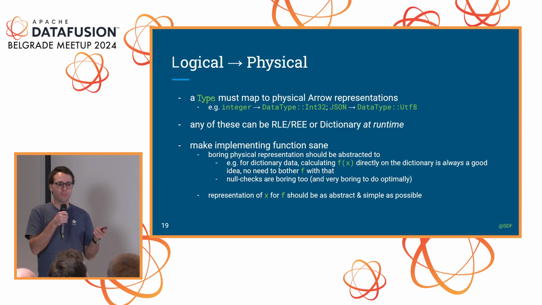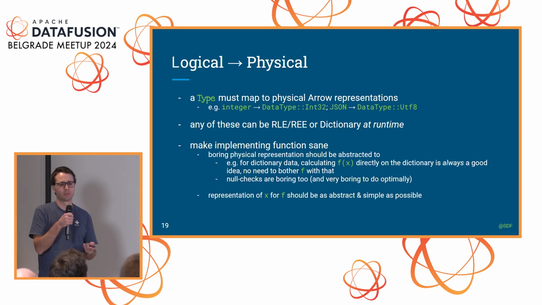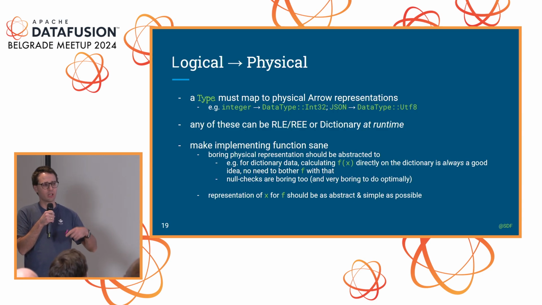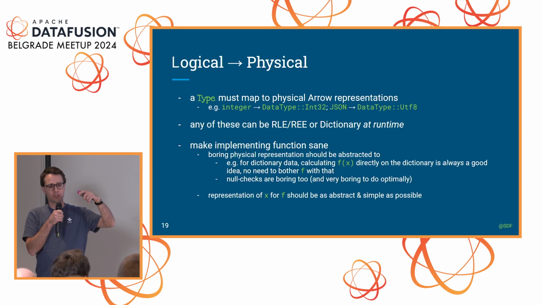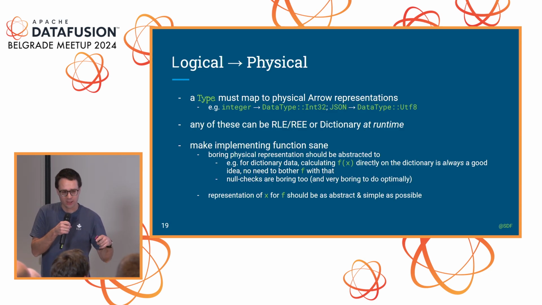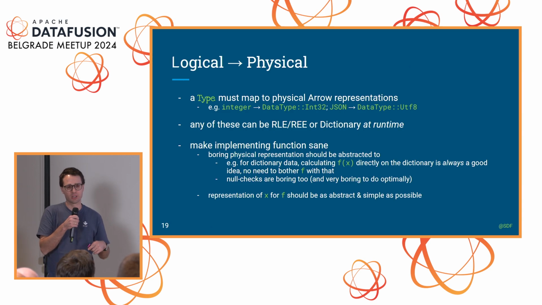What's more, the dictionary and run-end encoded handling is boring for a function implementer. If I have an unnest or a join or some other relational operator producing RLE or dictionary data in the plan, I want this data to be processable efficiently without every function having a special code path for dictionaries.